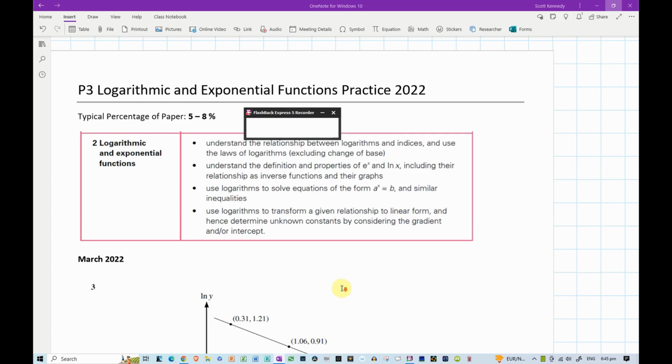Now, there was another one in here where part 5a, you had to sketch a suitable pair of graphs. So it's more on the numerical solutions of equations, but it's kind of helpful to be able to do a bit of sketching here.